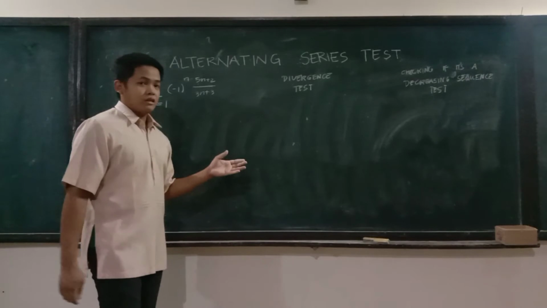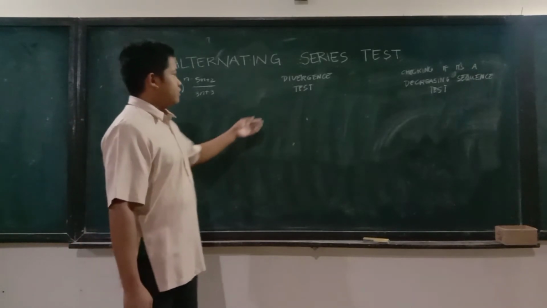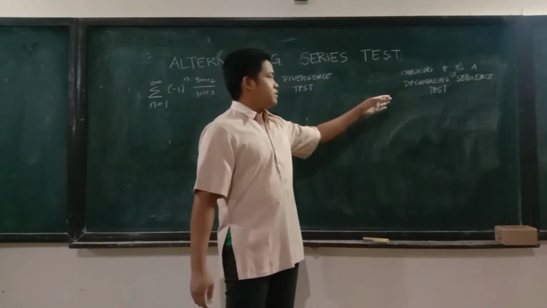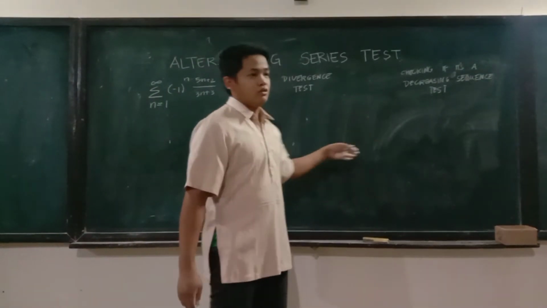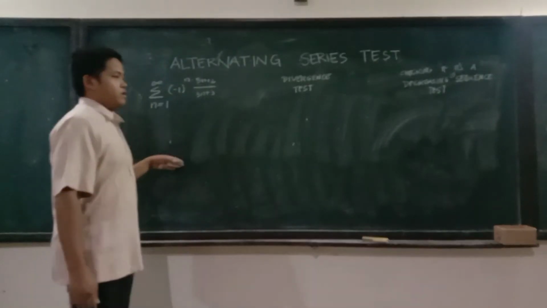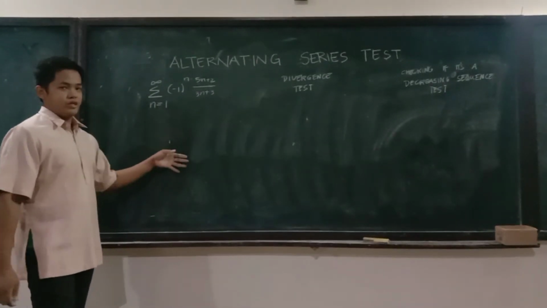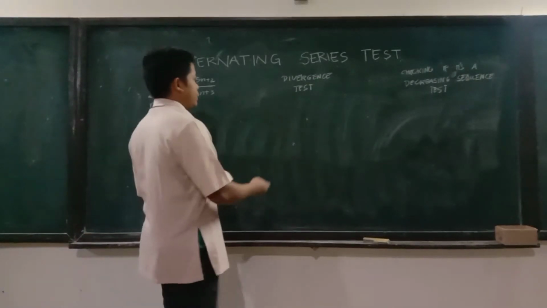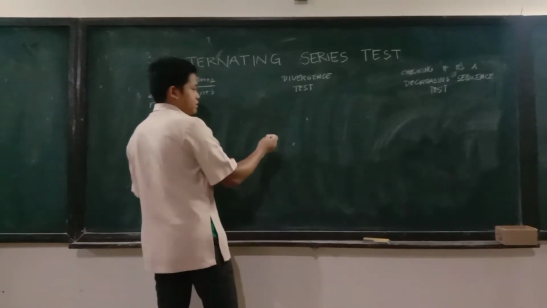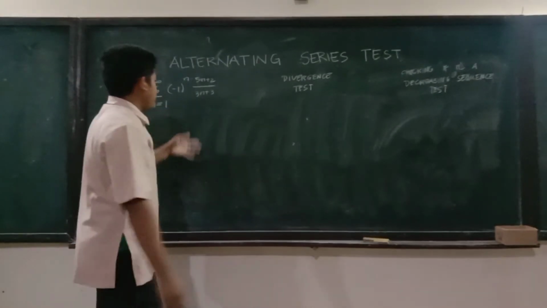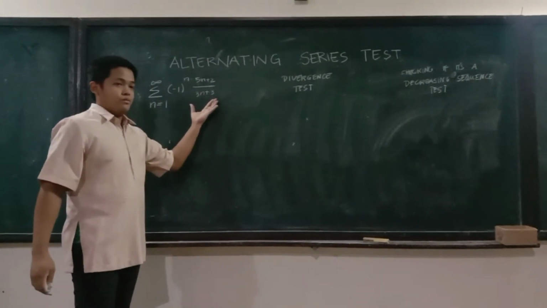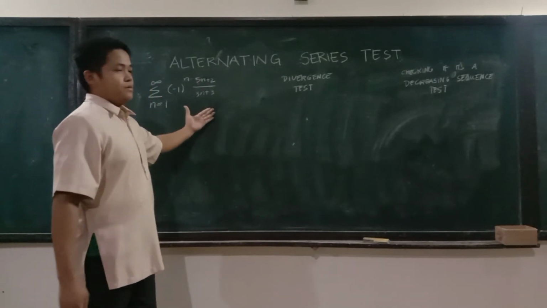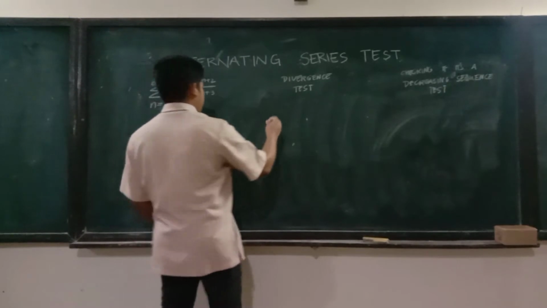Like the previous one, we need to do the divergence test and check if it is a decreasing sequence in order to identify if it converges or diverges. First of all, let's find out if it converges. Since our a sub n is in this form, we need to use the rule of derivatives.